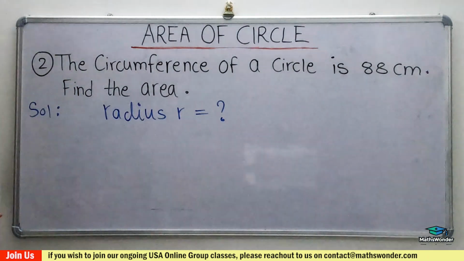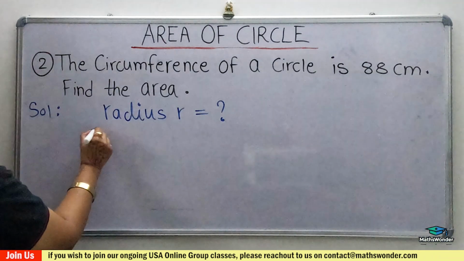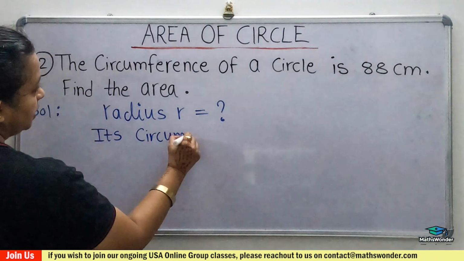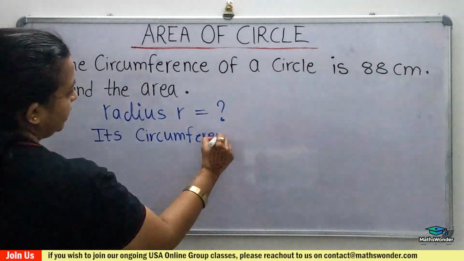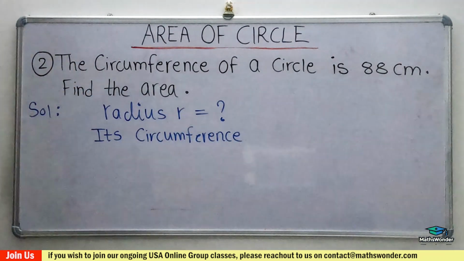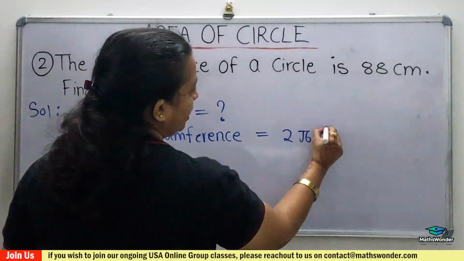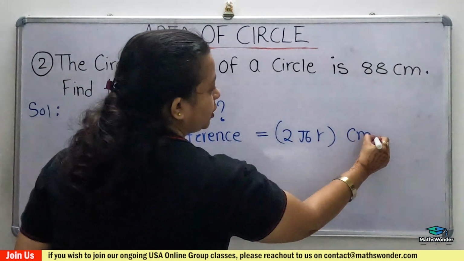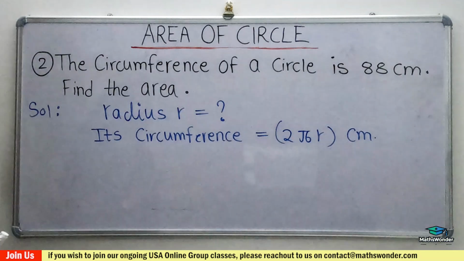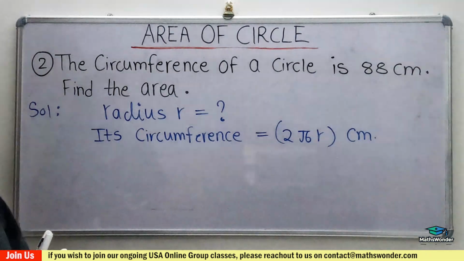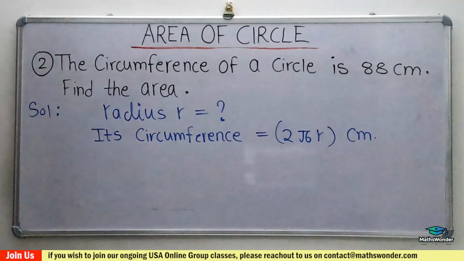How will you find it? With the help of circumference. Its formula is 2 pi r centimeters, because circumference is like a perimeter, and perimeter or circumference is always measured in a single unit, so centimeters.